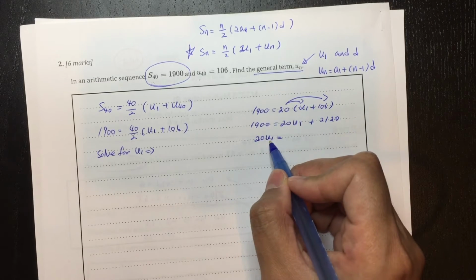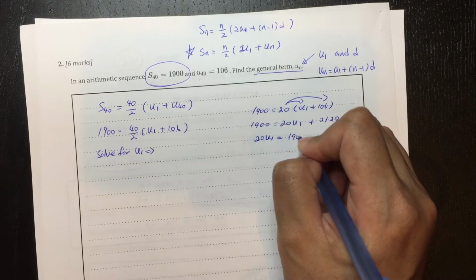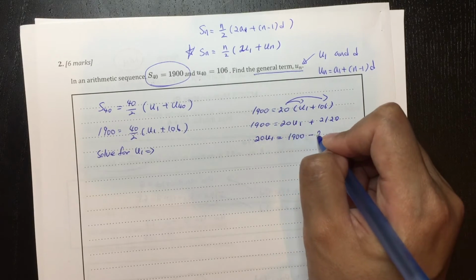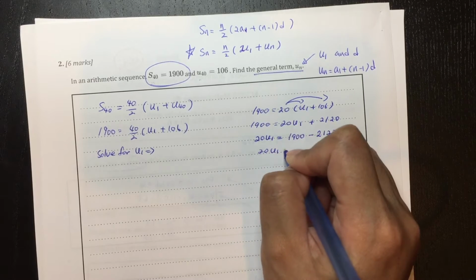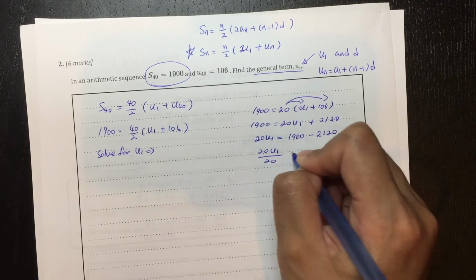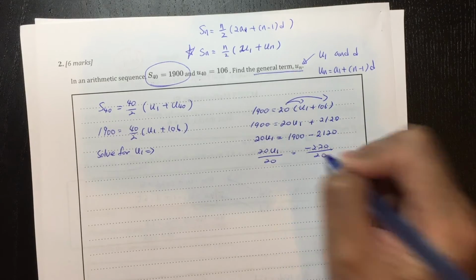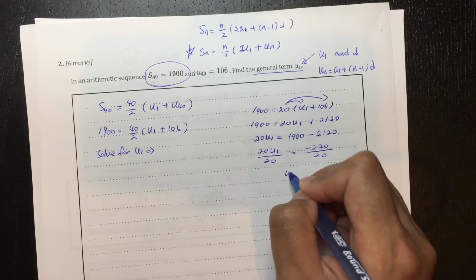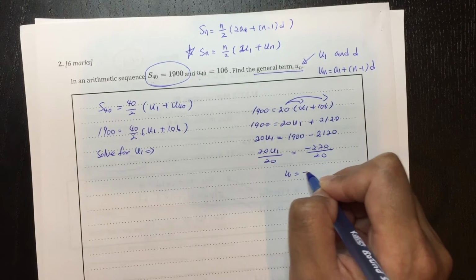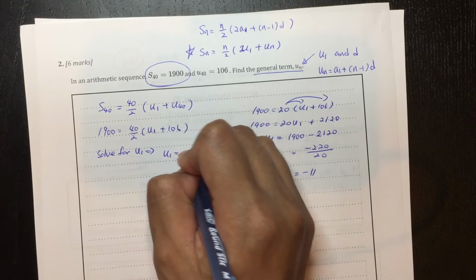Then 20 U1 equals 1900 minus 2120. 20 U1 divided by 20, negative 220 divided by 20. By doing this, we can solve for the U1 value, which is equal to negative 11. So U1 value is negative 11.